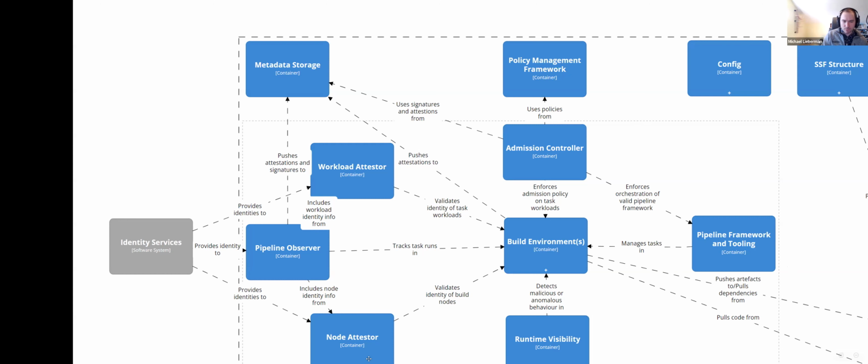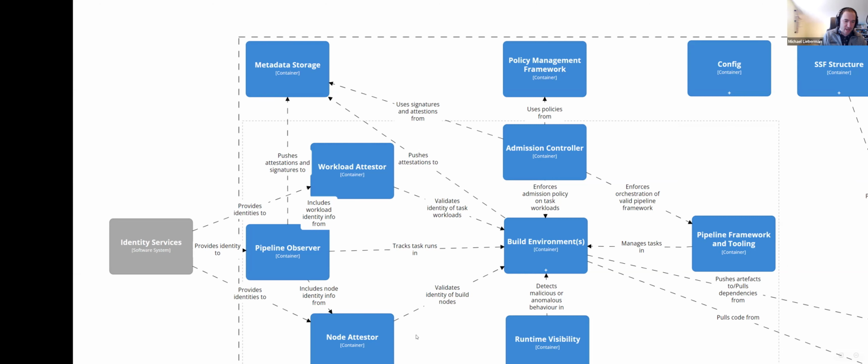The only one I'm really aware of right now is Spire, generating SPIFFE identities. By generating these SPIFFE identities via these attesters, we can say that when a build container spins up, so a Tekton task, two things will start to happen.